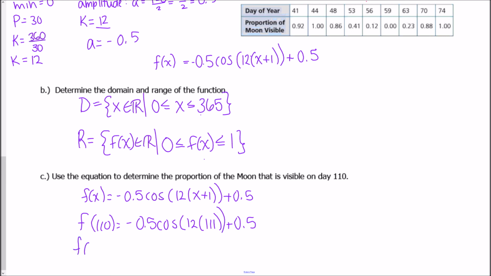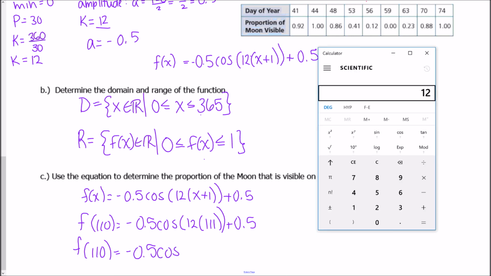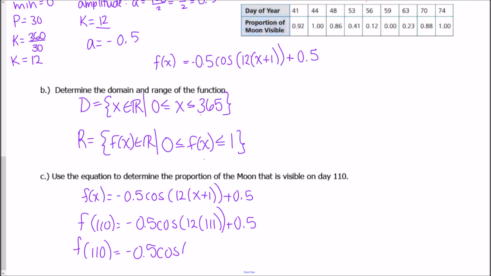So then I would do f of 110 is equal to negative 0.5 times the cosine of, and I would multiply this 12 by 111, and I would get 1,332 plus 0.5, and then I'm going to plug that into my calculator.